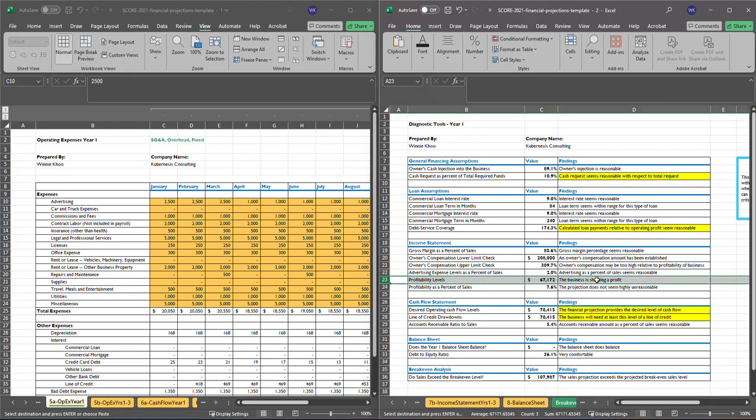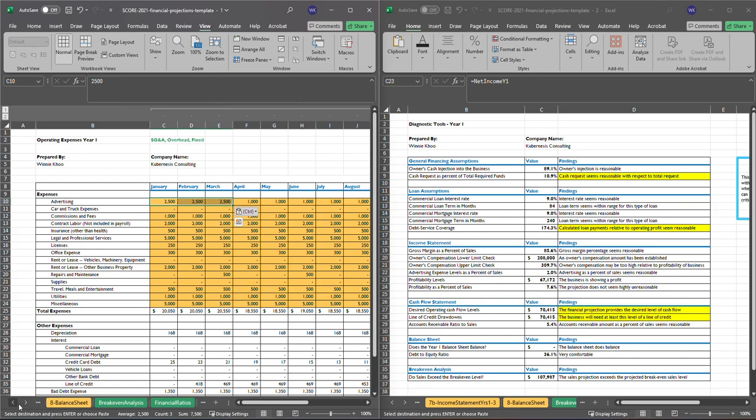Profitability levels. All right, so here it says if the profitability is less than 0, the business is not showing a profit. For me, I have a little bit of a profit, so the business is showing a profit. This is going to be overall net income.